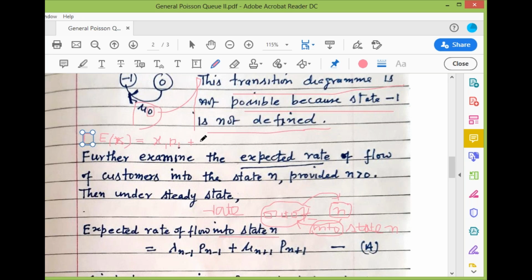Similarly x2 and p2, and so forth, up to n, xn into pn. This is the mathematical expectation, and this is the expected value, and this is the average.